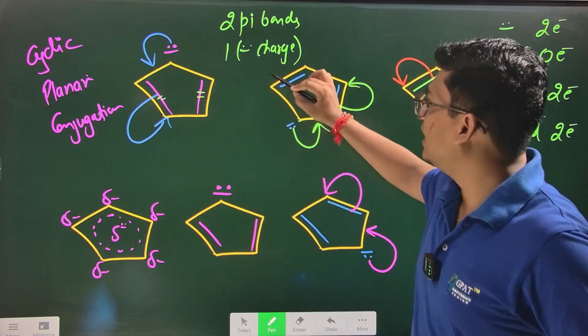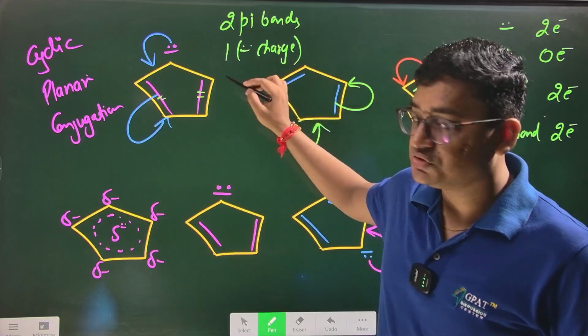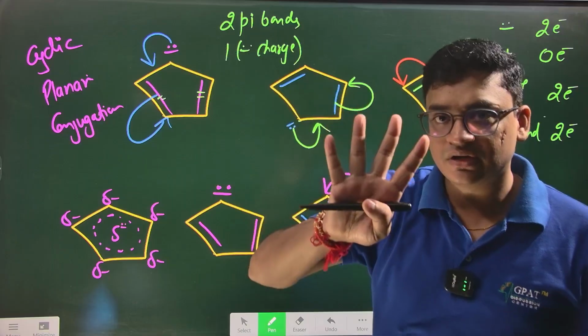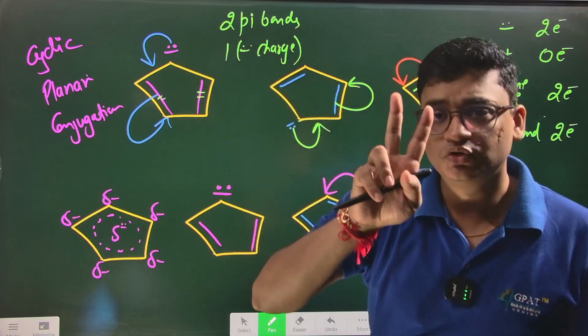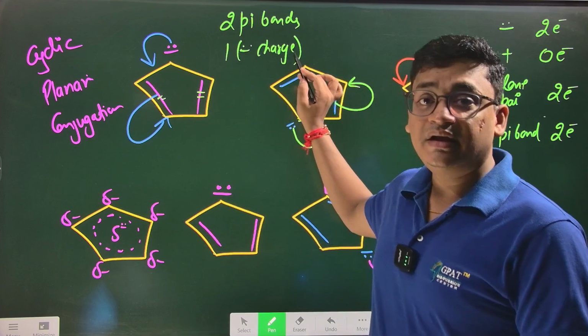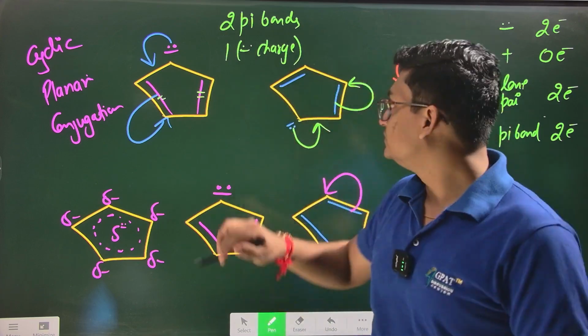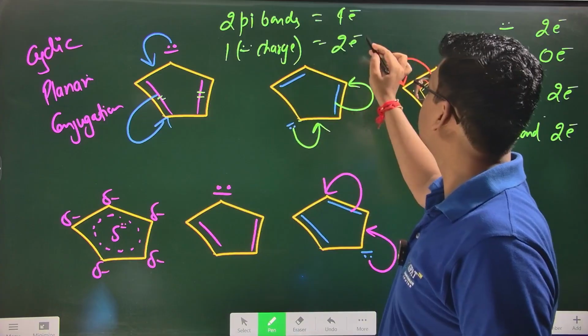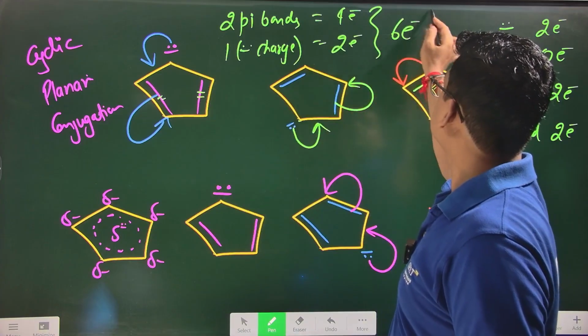So we have one negative charge in conjugation and two pi bonds. From two pi bonds we have four electrons, one pi bond consisting of two electrons, and a negative charge means two electrons. So four electrons from here and two electrons from this makes six electrons.